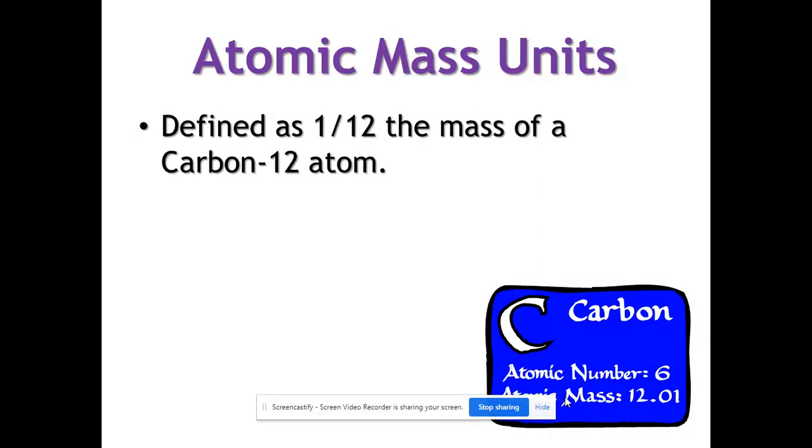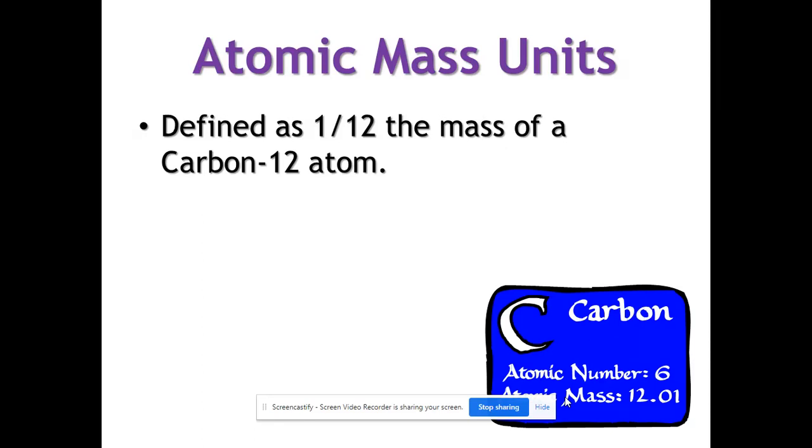AMU is short for atomic mass units. An atomic mass unit has to do with carbon, and carbon was one of those atoms that we had long identified, which is why carbon was used as the starting point here. One atomic mass unit is defined as 1/12 of the mass of a carbon atom.